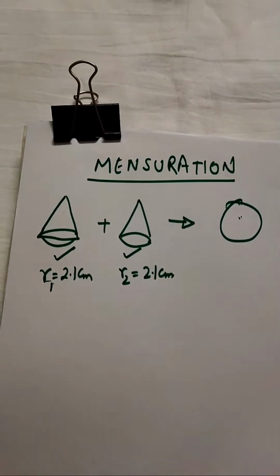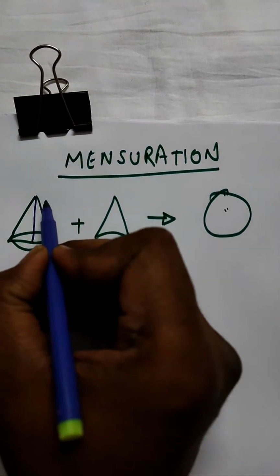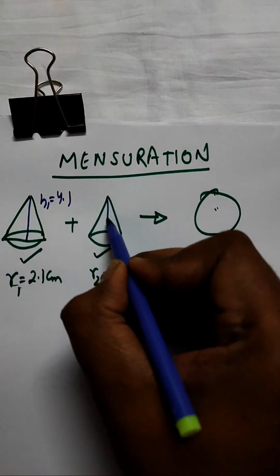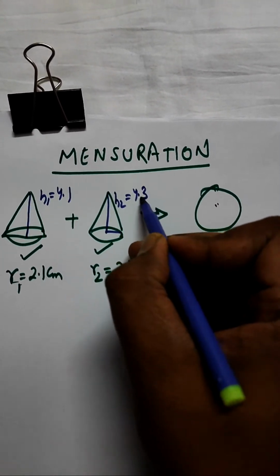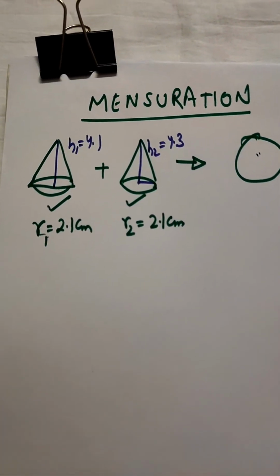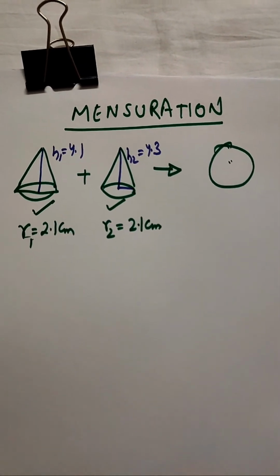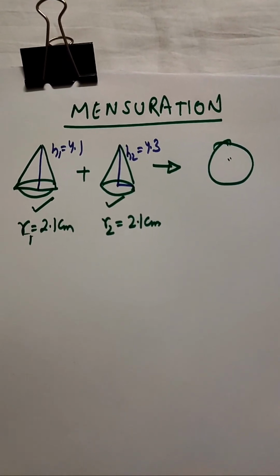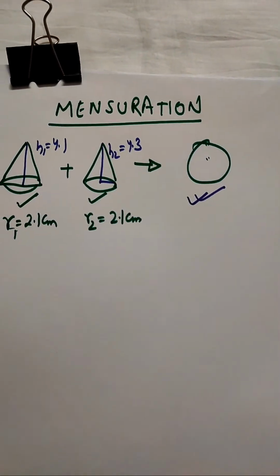So we can mark h1 as 4.1 and h2 as 4.3 centimeter. Now we need to find the diameter of the sphere so formed.